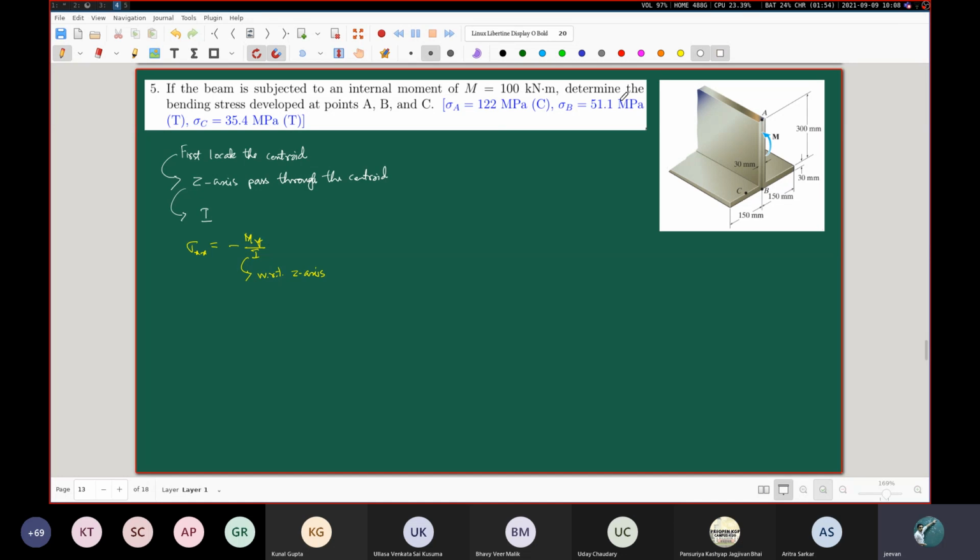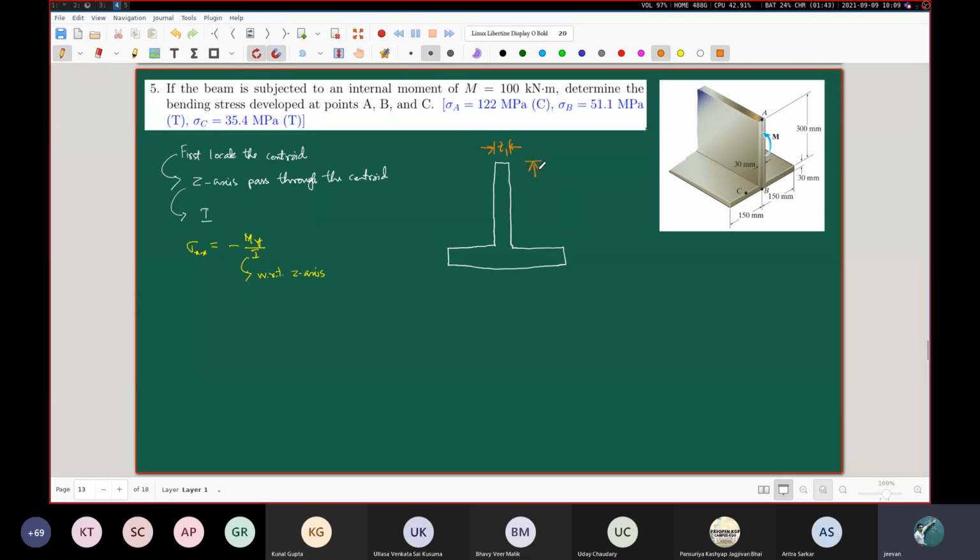So what we are looking at here is a cross section like this. This is the T cross section, of course, an inverted T. This dimension here, let's call that T1.